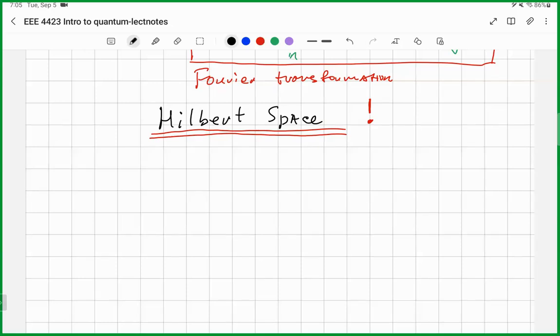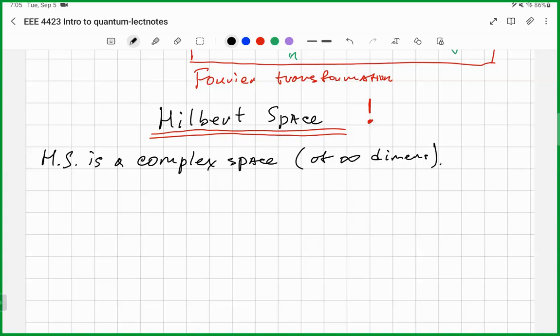So Hilbert space, by definition, is a complex space. In parentheses, let's write of infinite dimension, meaning that the dimension can be infinitely large, just like what we saw for sine and cosine functions.